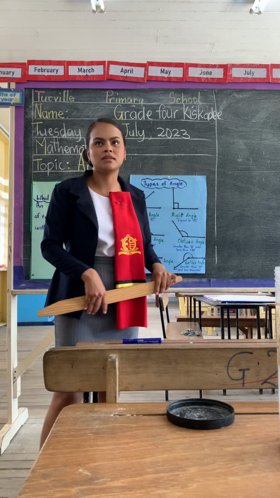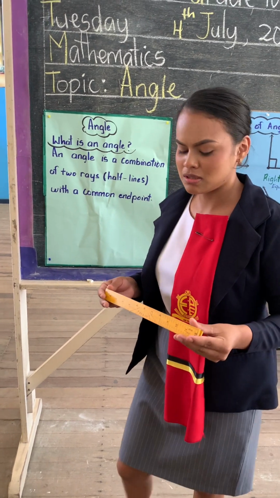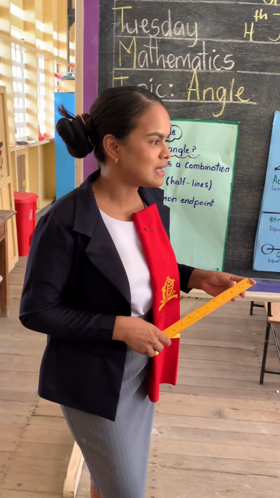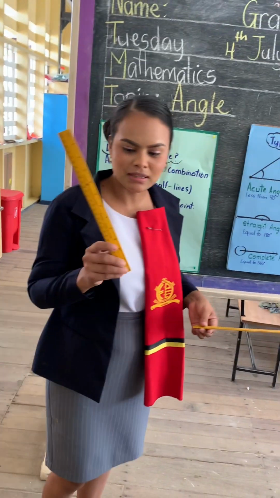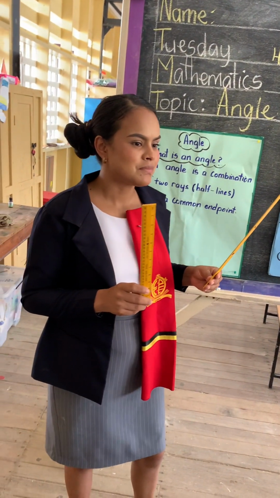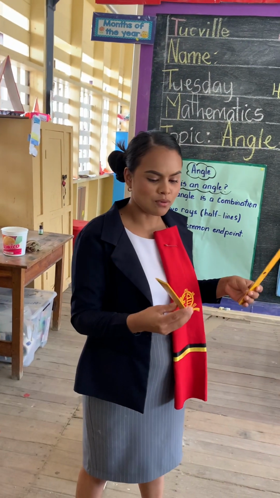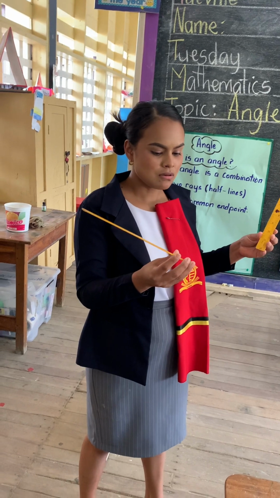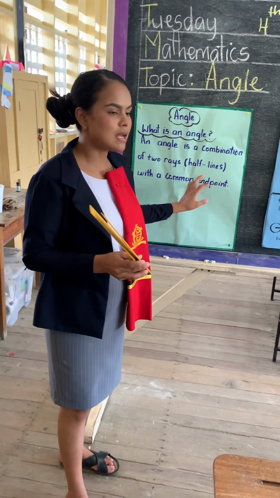Common end. Good. So if we're talking about two lines or two halves of a line, right? So we have this one here, and this one. Simple. So this is just an example of how the definition comes up. So basically we're talking about a common end point.